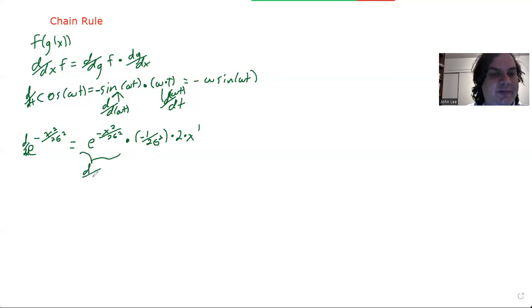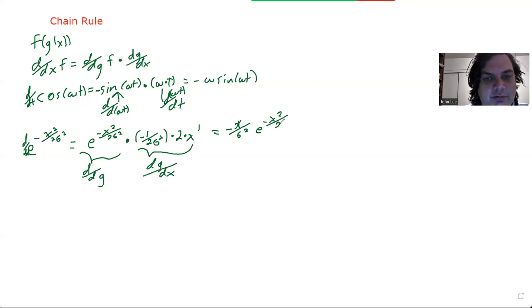So this is dg, and then this is dg dx. So it's just itself times the derivative of what's inside. So this is going to give you equals negative x over sigma squared e to the negative x squared over 2 sigma squared.